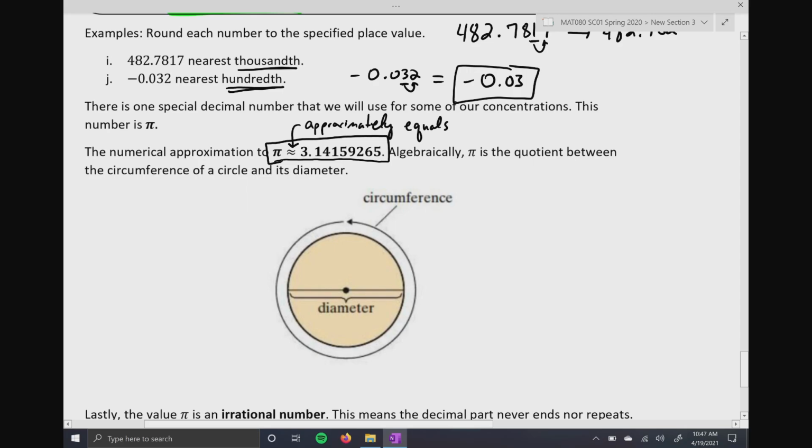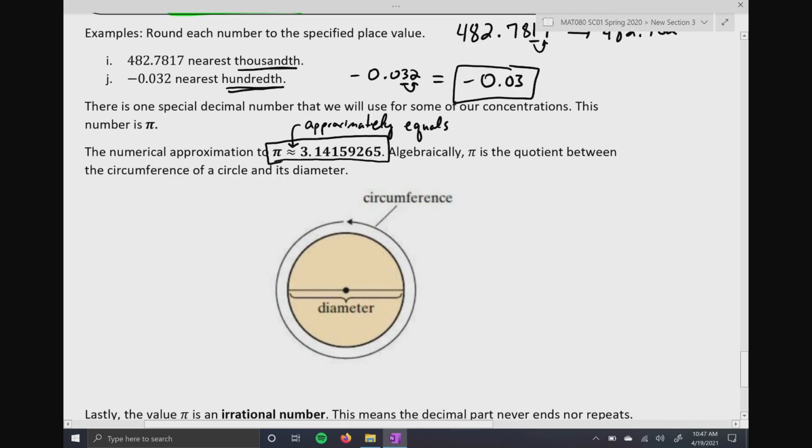Okay? And there is a relationship with pi and a circle. So I'm going to show you what this relationship is first. The circumference is nothing more than the outside distance of a circle. In other words, I have this little paper towel right here. If you look at this paper towel, notice it's a circle.